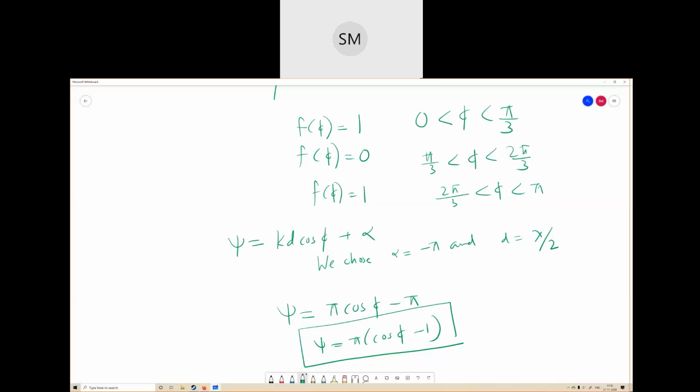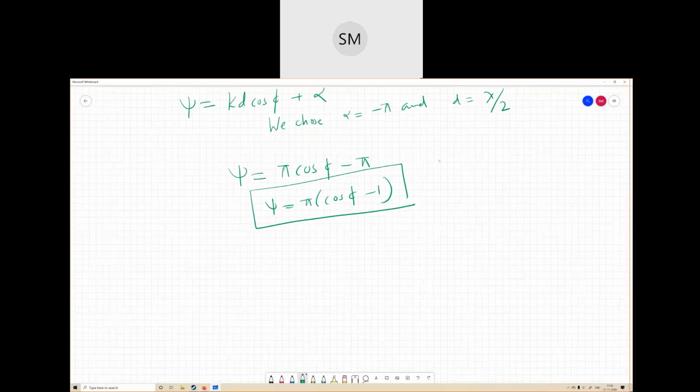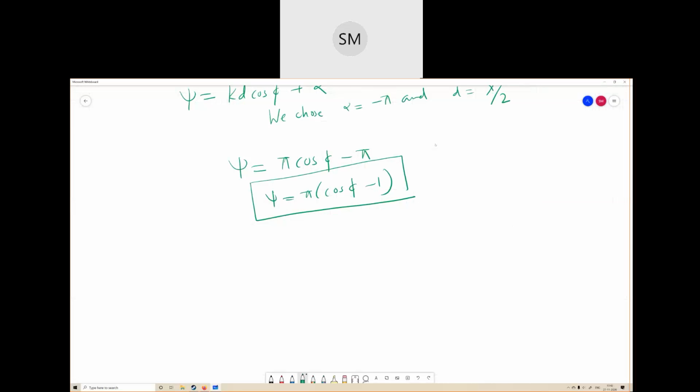So now how to map? We are given in terms of phi that from 0 to pi by 3, F of phi is 1. When phi is 0, what is psi? It is 0, right? And when phi is pi by 3, what is psi?